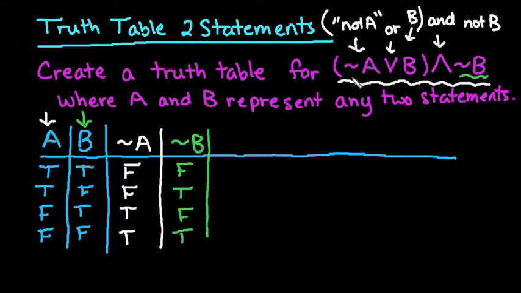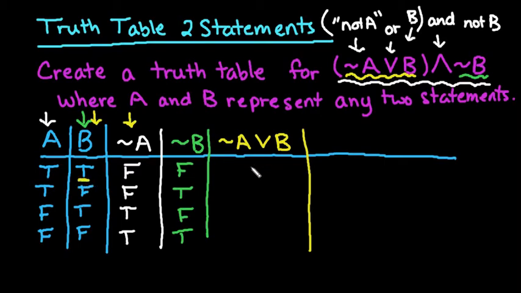All right, so now we're going to look at the union of not A or B. Remember, with or, if one of them is true, then we would assign a truth value of true. If both of them are false, that's the only time that you assign a truth value of false. So for this one, I'm going to look at the B column and the not A column, and see if at least one of them is true.